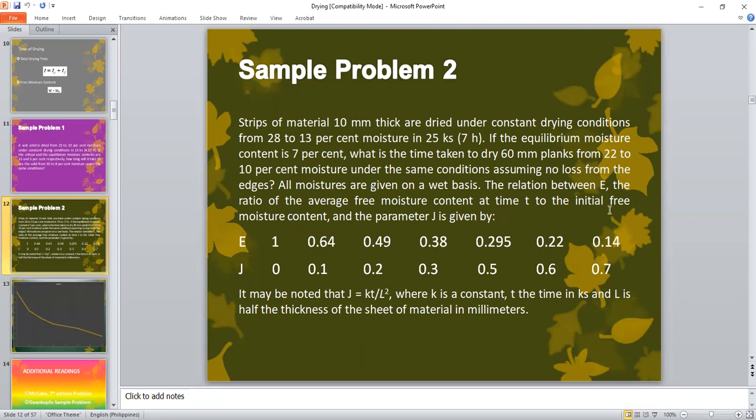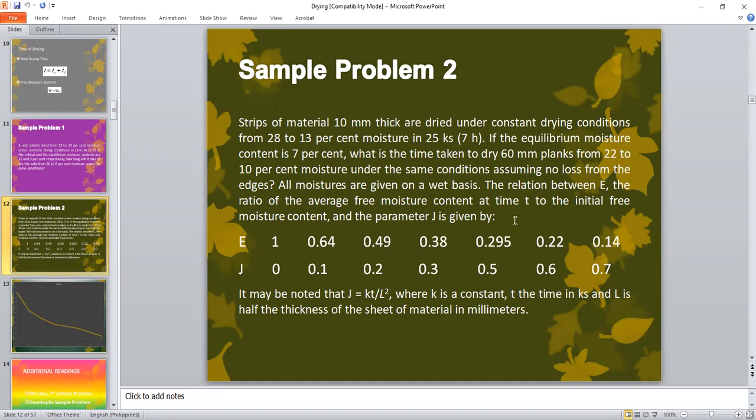So E is the ratio of the average free moisture content at any time T to the initial free moisture content, with the parameter J.